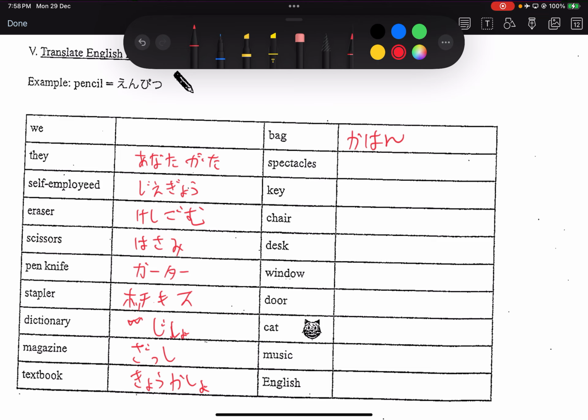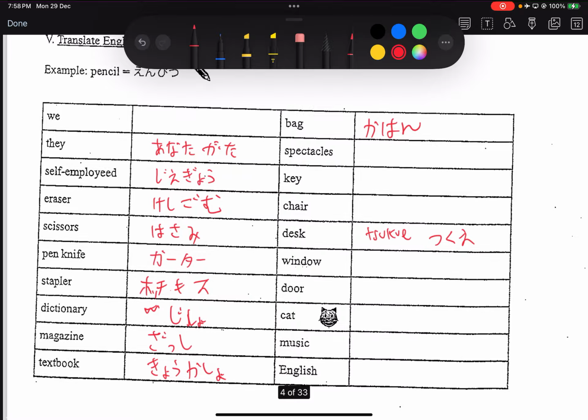Okay, tsukue. So desk is tsukue. Written like that. Window: 窓, mado. Door. Cat: neko. Music: 音楽, ongaku. English: eigo. Okay, very good.